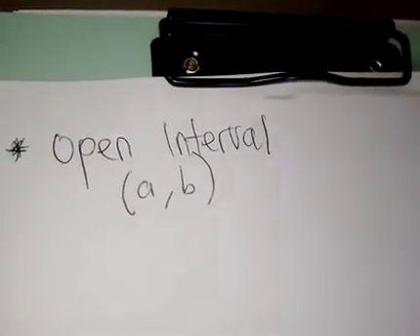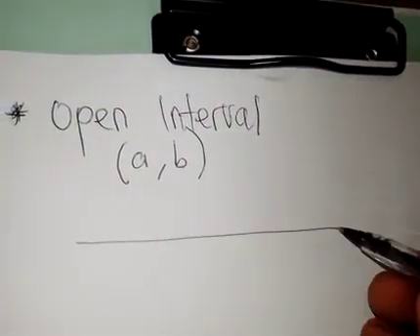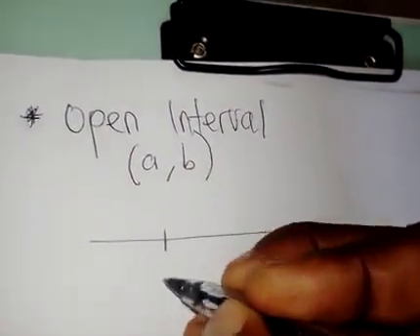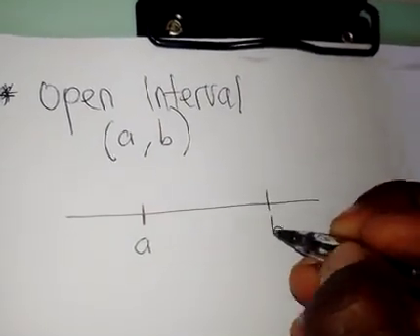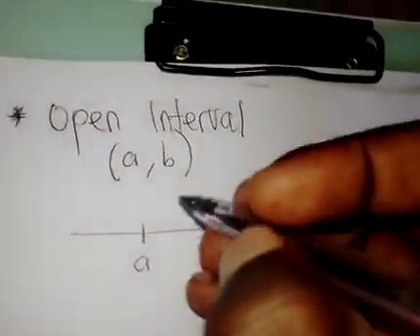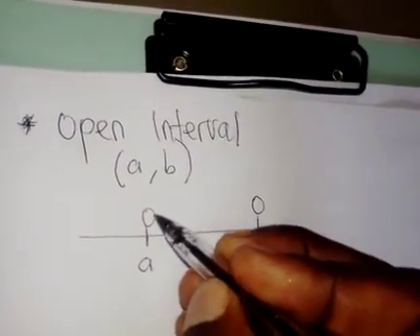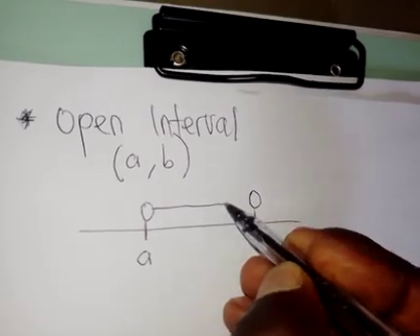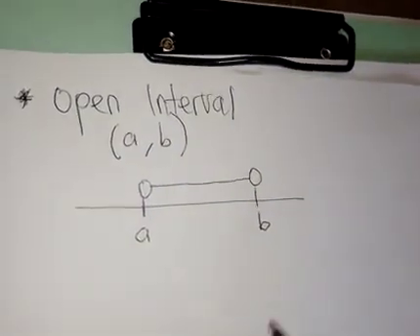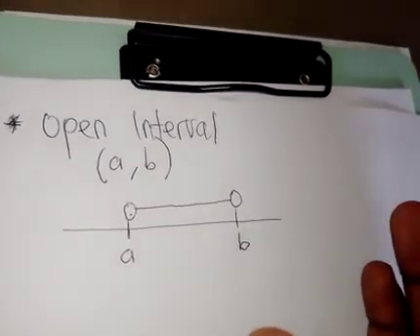So for A and B, how can we represent such on a number line? On a number line, you show A and B like that. Then on top of these numbers A, B, you have to draw circles. Then you join them. These circles can be shaded or can be left open.